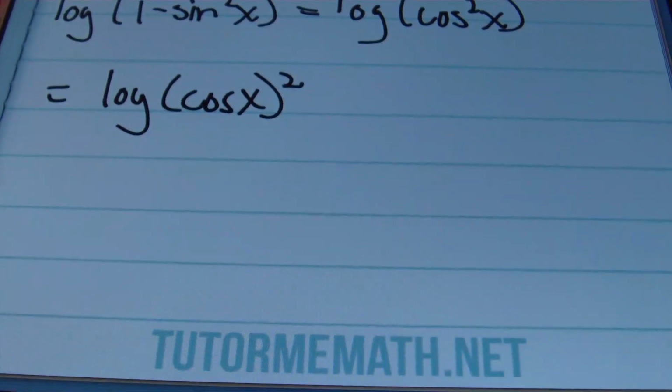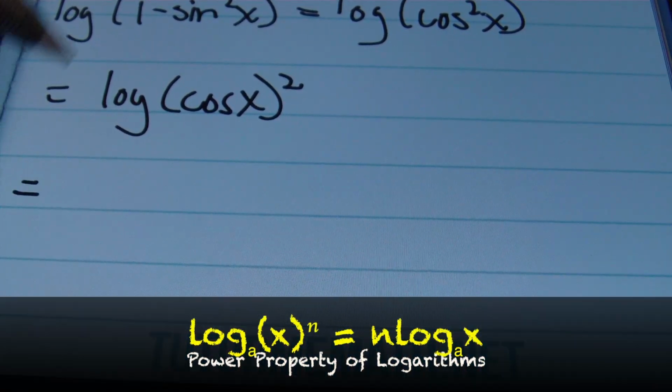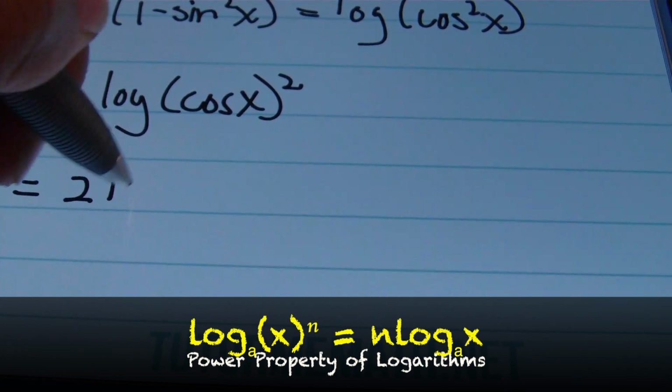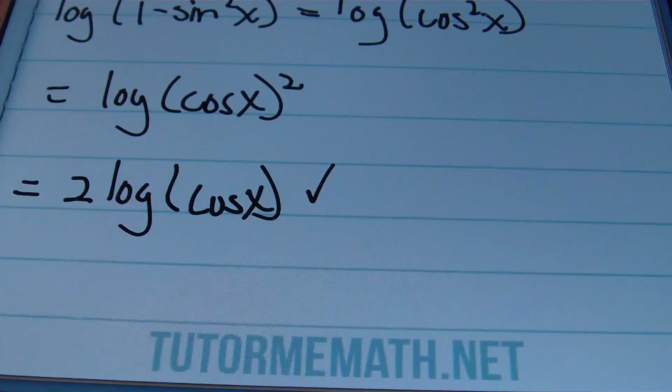And using your logarithmic properties, anytime you have an exponent here, you can go ahead and bring that in front as a coefficient, and we could write our result as 2 log cosine x, and this is now the right side. Done.